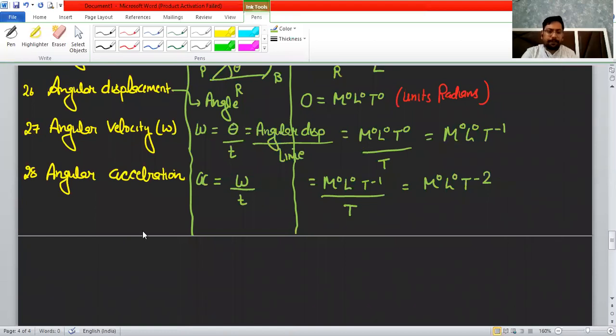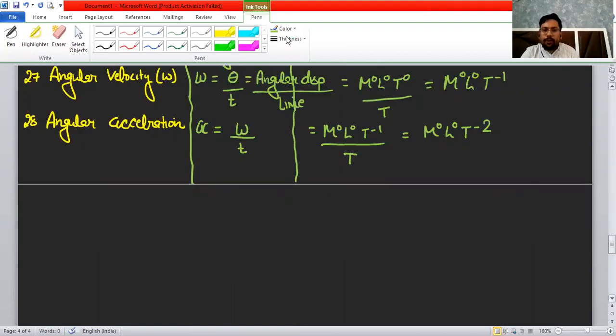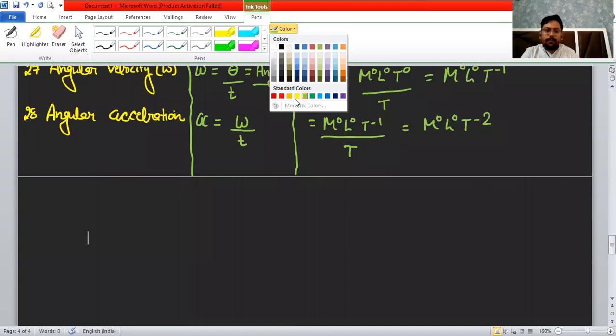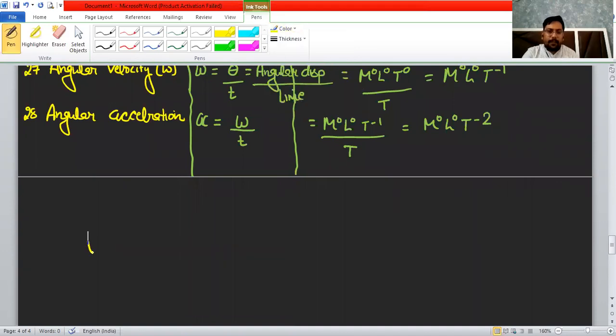See, when a body is going in a circular motion, let this be a circle and a body is going in a circular motion. This is the center of the circle and the body starts from A and goes up to B. So we join A with the center.